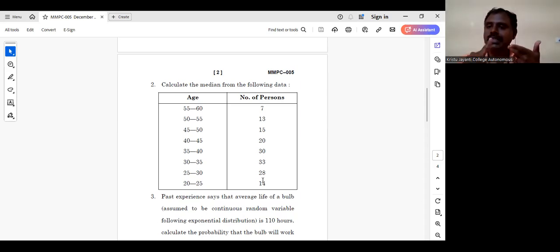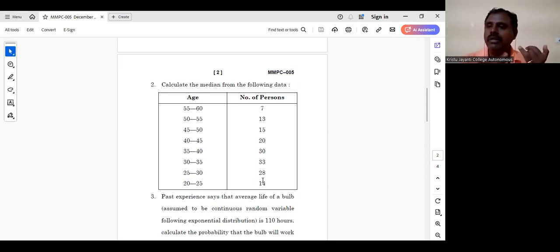If it is there, the corresponding class interval is the median class. If not, take the value just greater than it, and that class interval is the median class. Then list out the value of L and write the formula: median equals L plus n by 2 minus PCF, and so on.